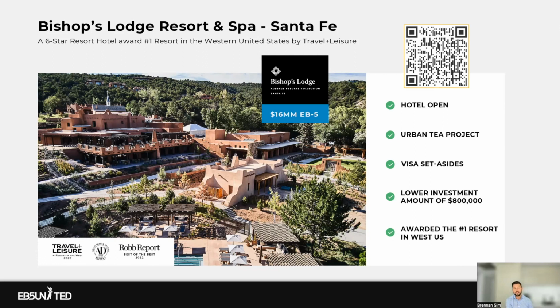Like I said, this hotel is fully operational and cash flowing. So jobs are already created in this project as well. So it's another place that you can invest into a project that already has the jobs created and is already a completed asset. And so you can have a lot of security in your EB-5 investment.